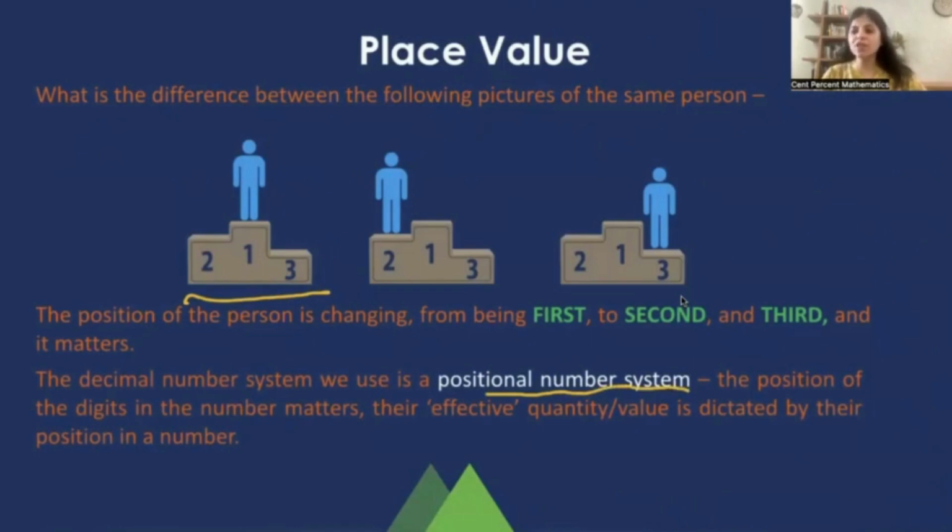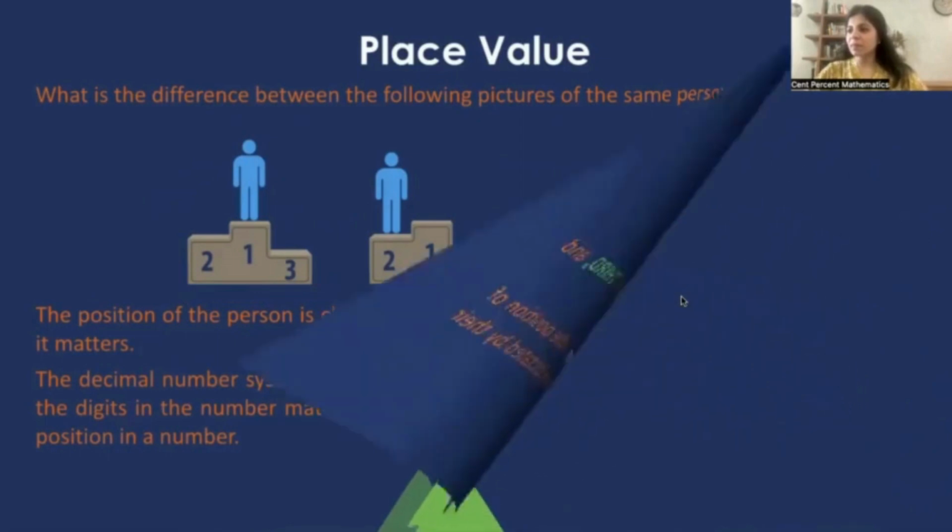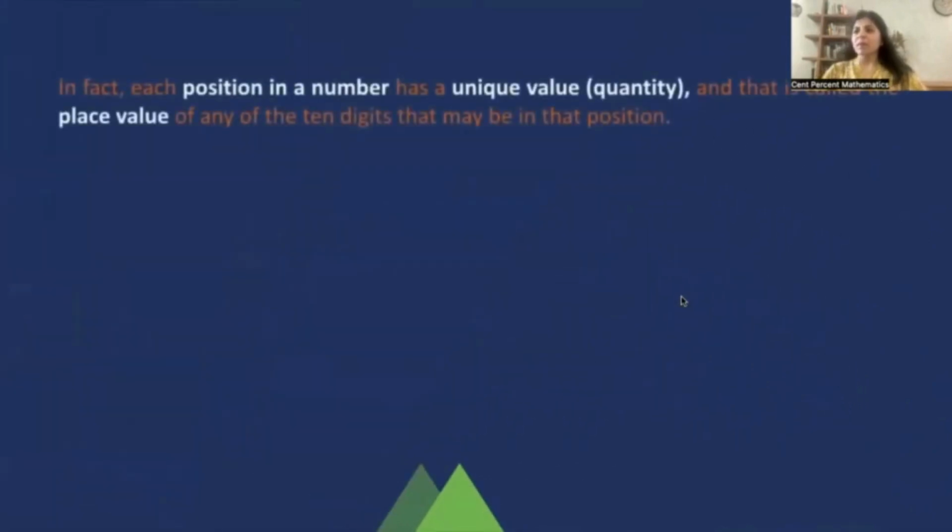So the position of the digits in the number does matter because it depicts the quantity of that digit. So each position in a number has a unique value.